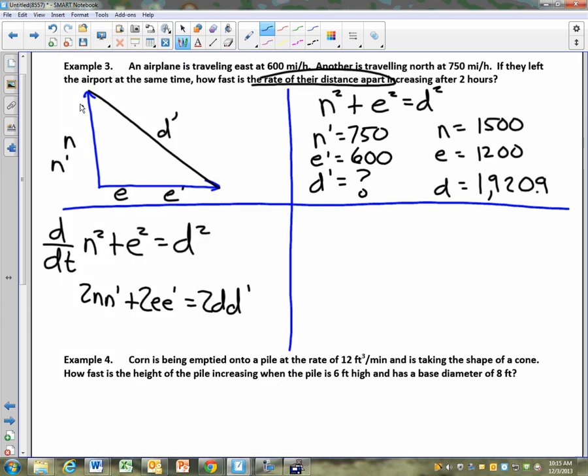So, can I now plug in the appropriate variables in order to solve for d prime?